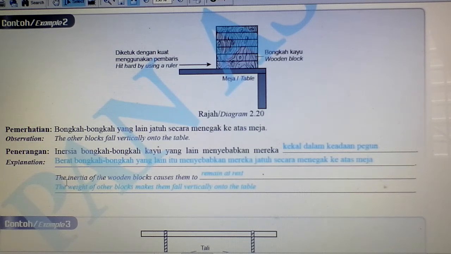Explanation: inertia of the wooden blocks causes them to remain at rest. The weight of the other blocks makes them fall vertically onto the table, meaning they have inertia to remain in a state of rest.